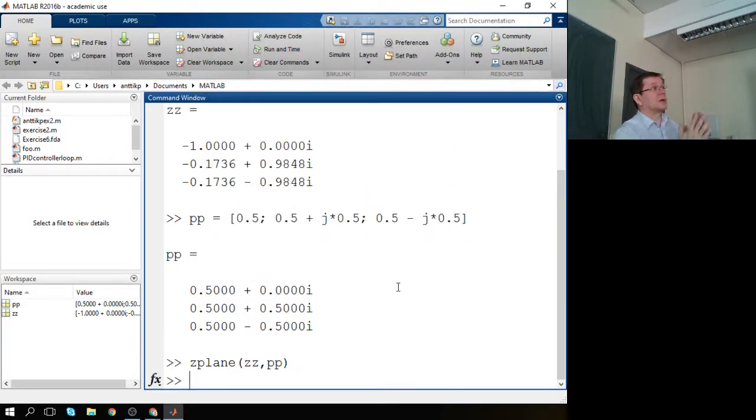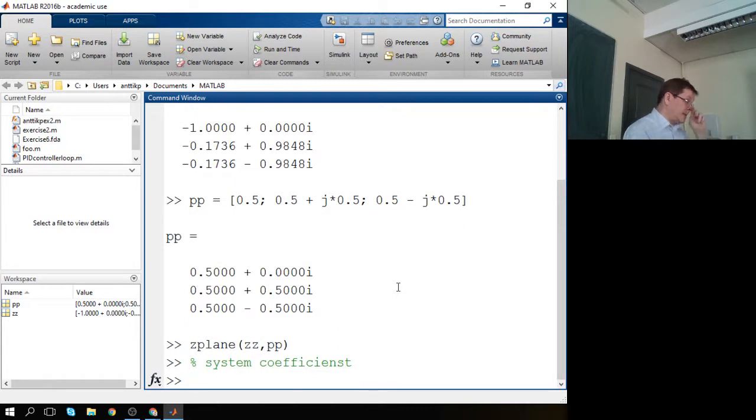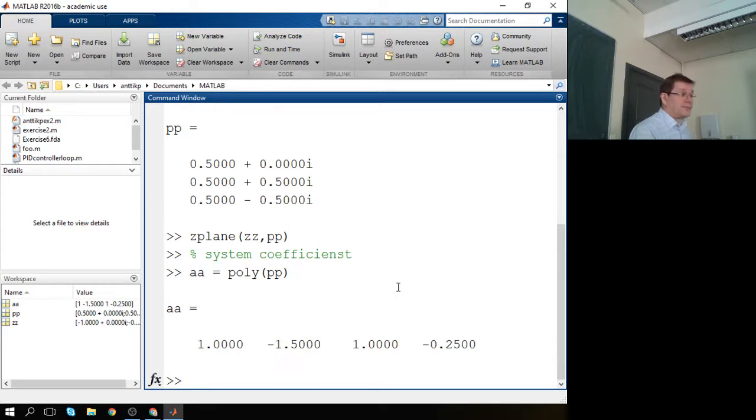And then I will calculate the system coefficients, A and B. A equals the polynomial defined by the roots, the poles. Oh, that's nice.